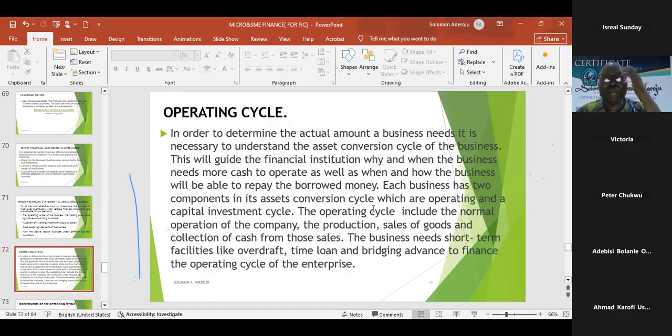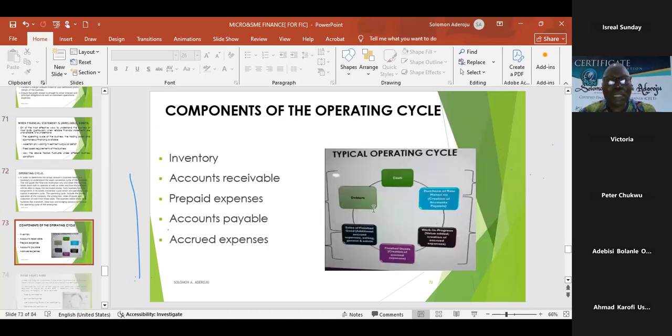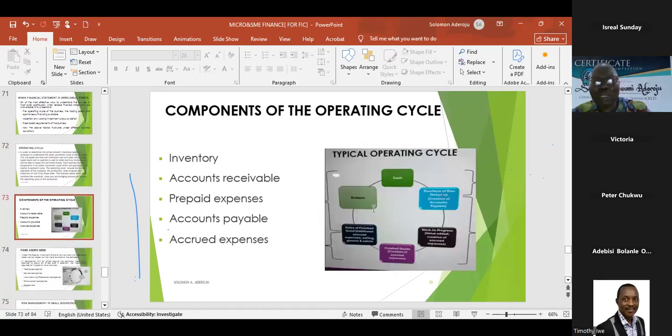Every business has its own operating cycle, from cash back to cash. Along the line, there will be problems. Just like the diagram we have now, how long will it take the cash to move from cash back to cash? At every point in time, there will be problems.